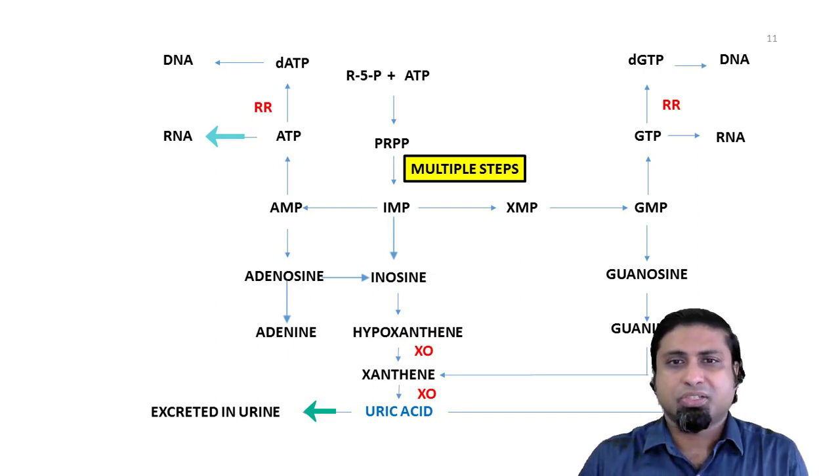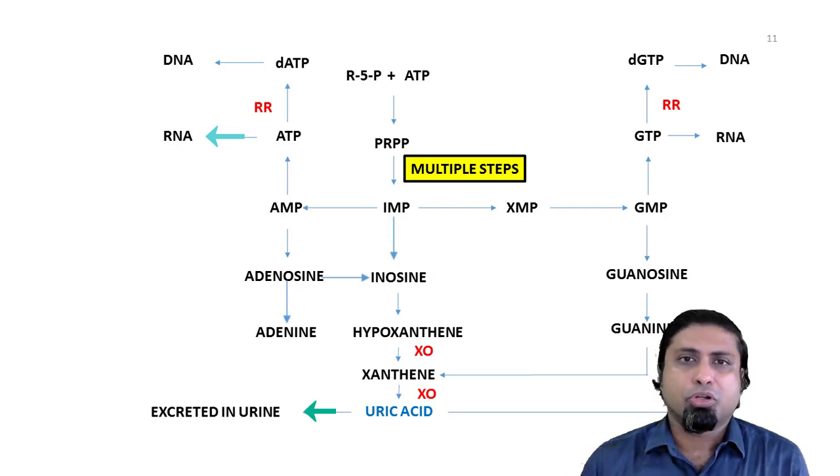Now, while we are discussing the metabolism of purines, we can just make a mention regarding the salvage pathway. Now, what is that? In situations where we need a little bit more nucleotides and we do not want nucleotides to be wasted through urine, we need to salvage these nucleotides. We need to save it from being wasted through the urine.